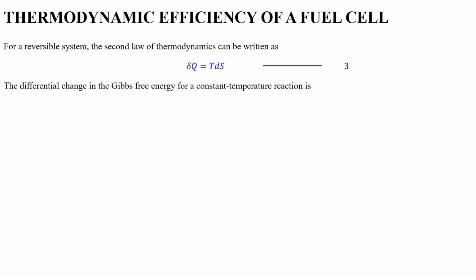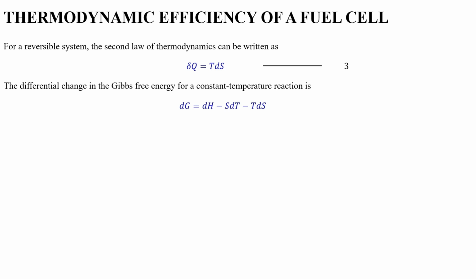Now we are going to use the differential change in Gibbs free energy for a constant temperature reaction. We have learned Gibbs free energy as G = H − TS, and the differential Gibbs free energy will be dG = dH − TdS − SdT. This is the differential change in Gibbs free energy.